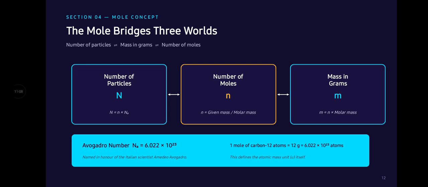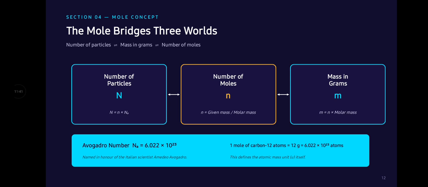The mole bridges 3 worlds: number of particles, mass in grams, and number of moles. The number of particles, capital N, equals small n multiplied by the Avogadro number. The number of moles, small n, equals given mass upon molar mass. The mass in grams, small m, equals n multiplied by molar mass.